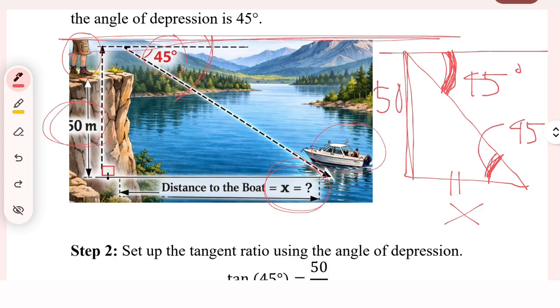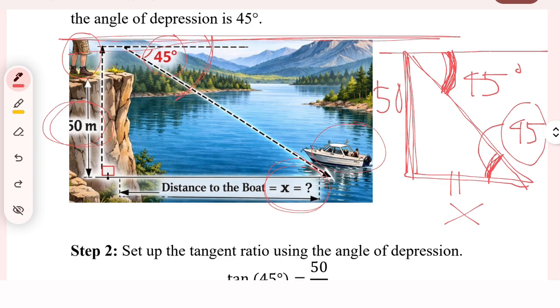The answer is yes, because opposite adjacent angles are equal. So in this right triangle, we have two sides, 50 and x, and an angle which is 45 degrees.